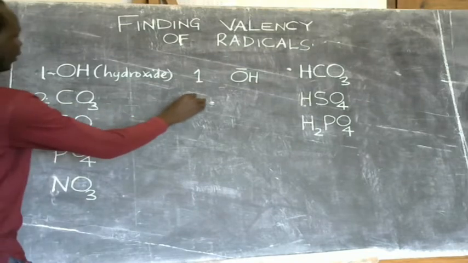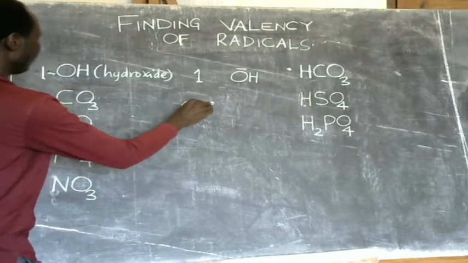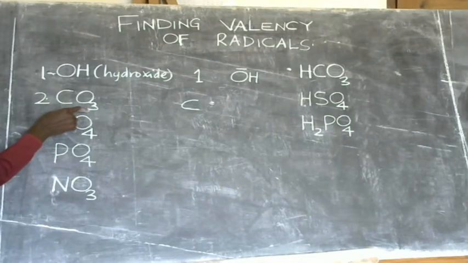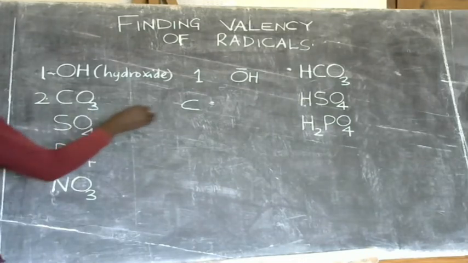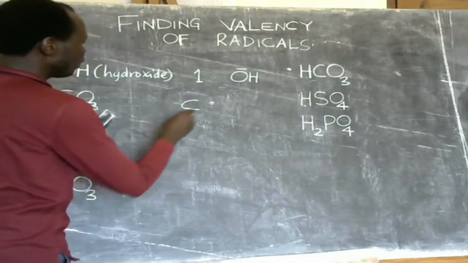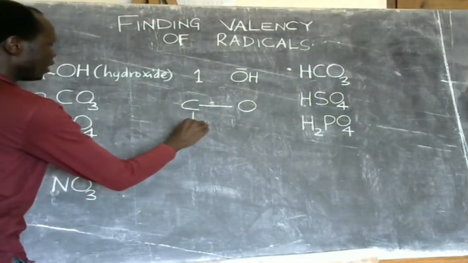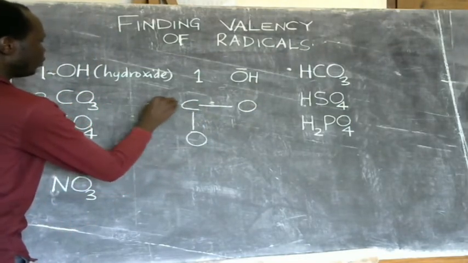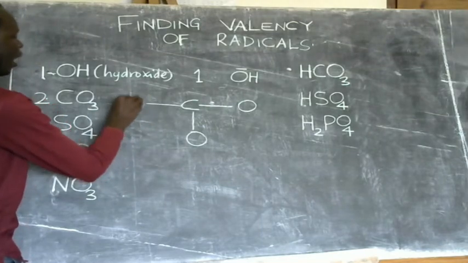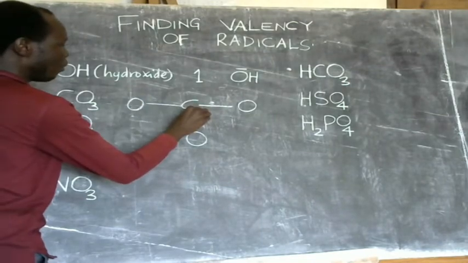Carbonate has carbon and 3 atoms of oxygen. So we distribute these atoms in a structure of carbonate so that you can have this. What is the electronic configuration of carbon?